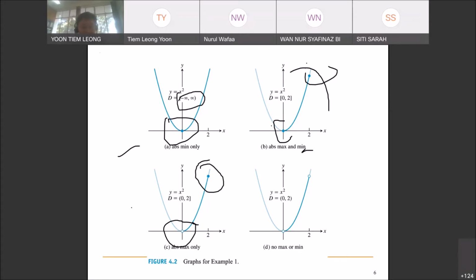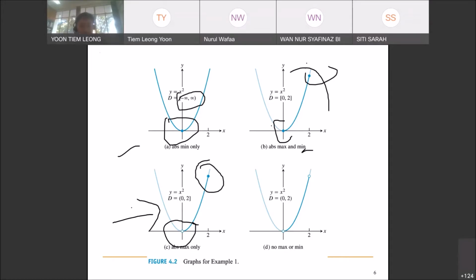Why can you not say 0 is an absolute minimum for this function? The reason is that 0 is not included in the domain, so the function is not defined at 0. So what is the smallest possible value of this function within this interval? It's not 0, because x equals 0 is not included.